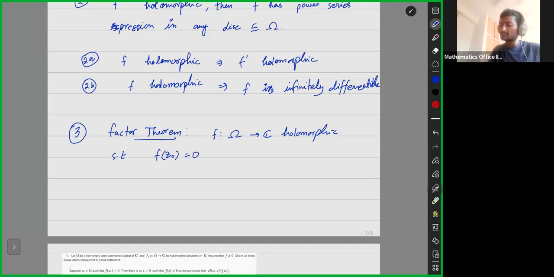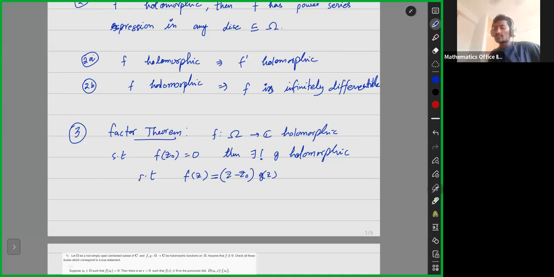Then there exists a unique G holomorphic such that F of z is nothing but z minus z naught times G of z.